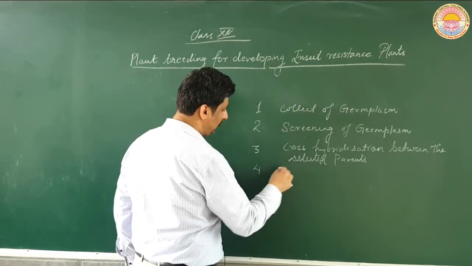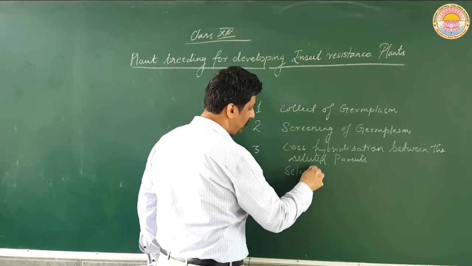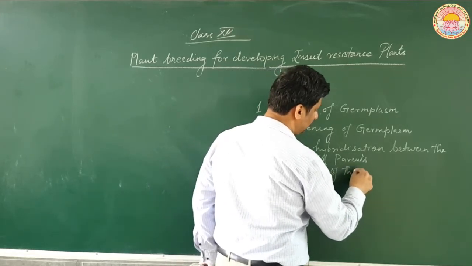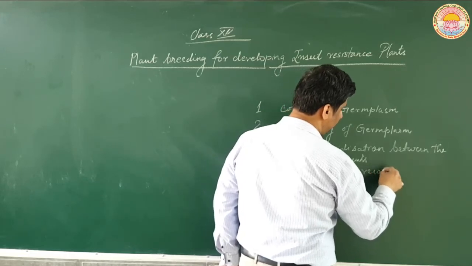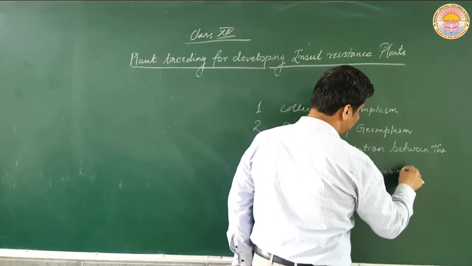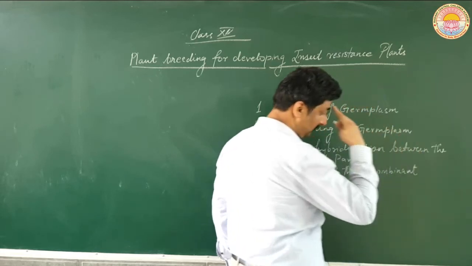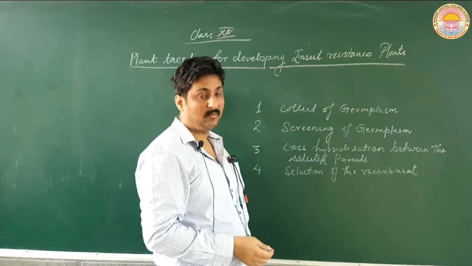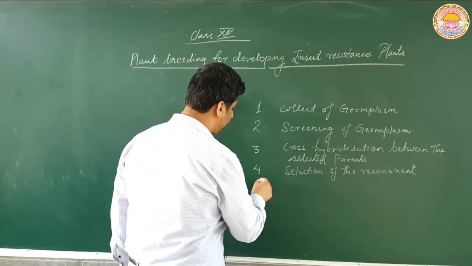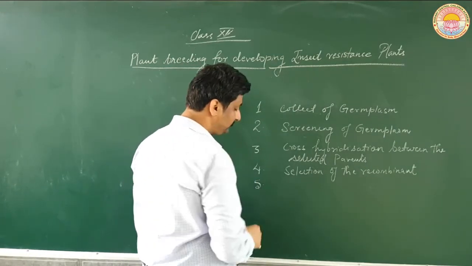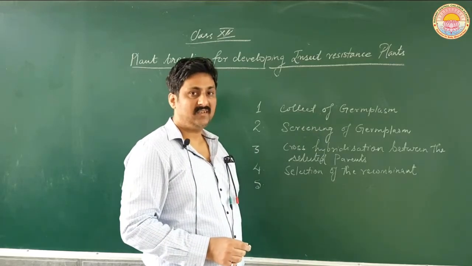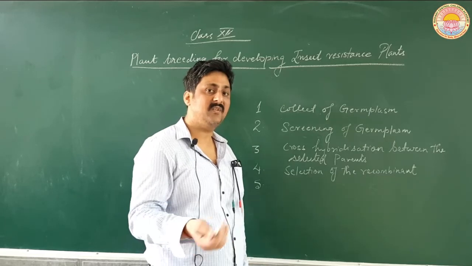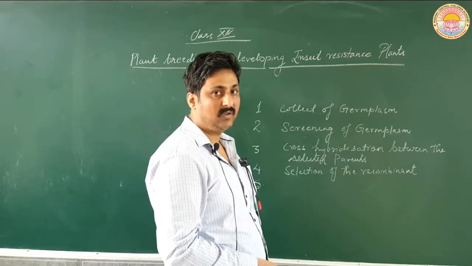Then the fourth one is selection of the recombinants. This is also very important. You need to select the recombinants. And the fifth one is testing, release and commercialization of the cultivar.